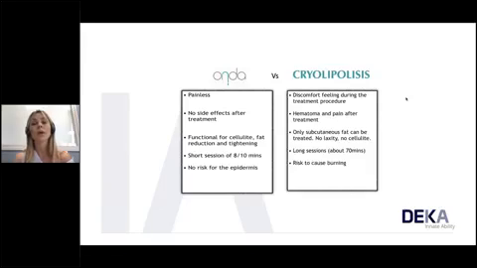So when the tissue is very hard, for example, in the trochanter area, cryolipolysis cannot be performed. And there are also other problems with cryolipolysis because we don't treat skin laxity, we don't treat cellulite.